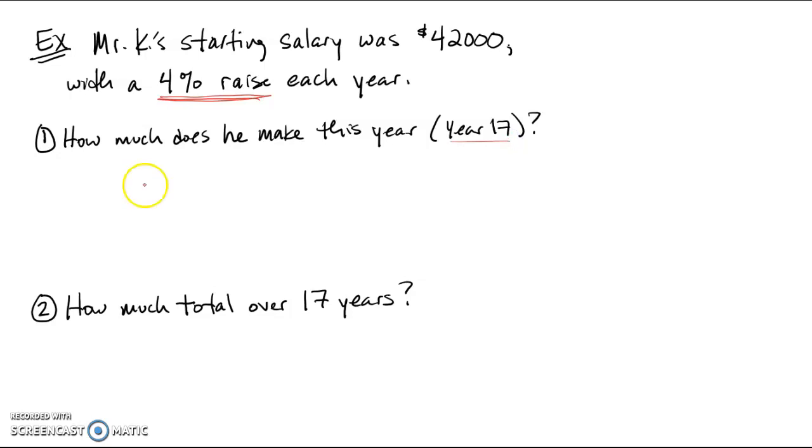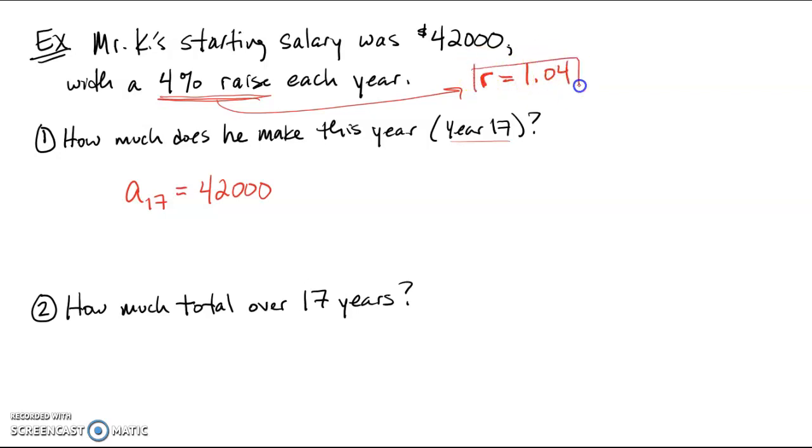So $42,000 in year one, 4% raise each year. How much is he making this year, which is year 17? Well, that's a sequence problem. I want to know a sub 17, and the first term is 42,000. And then, oh yeah, how do we deal with a 4% raise? What would be my R value? Well, if you want to raise something 4%, don't just multiply by 0.04. That's going to make it smaller. It would be 1.04, right? 104%.